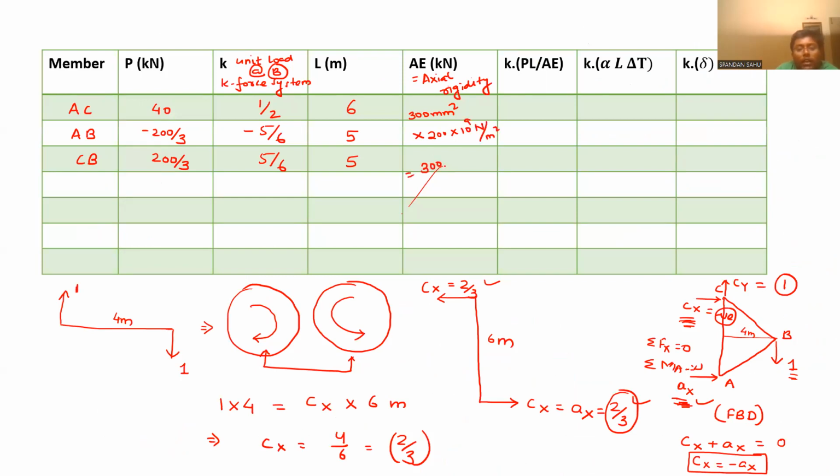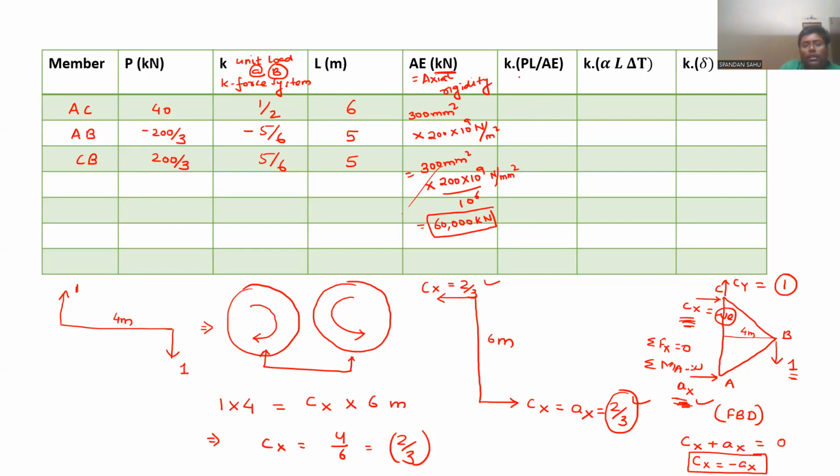So 300 mm square into 200 into 10 power 9 by 10 power 6, so that I can convert it into Newton per mm square. So overall it will become 60,000 kilonewton. As we have to keep it in the units of kilonewton so that we can divide it easily, means from dimensional it will be homogeneous.